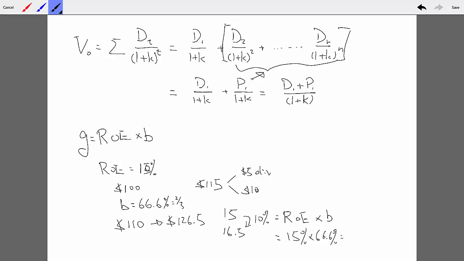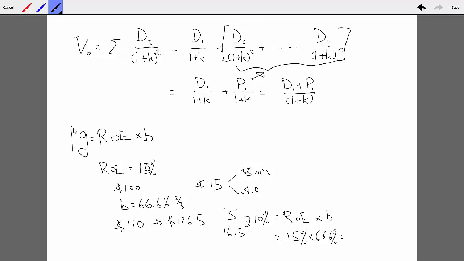And if you were to maintain the same dividend payout policy, then of course out of 16.50 you pay 1/3 of that, which is $5.50. So your dividend has grown 10% also. Okay, so this is the formula.